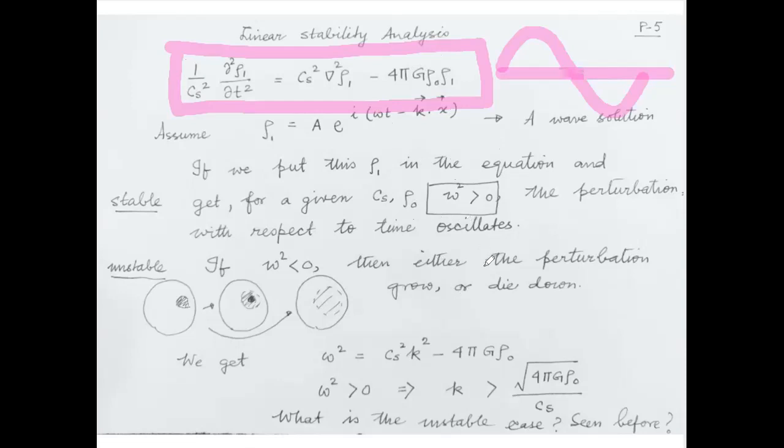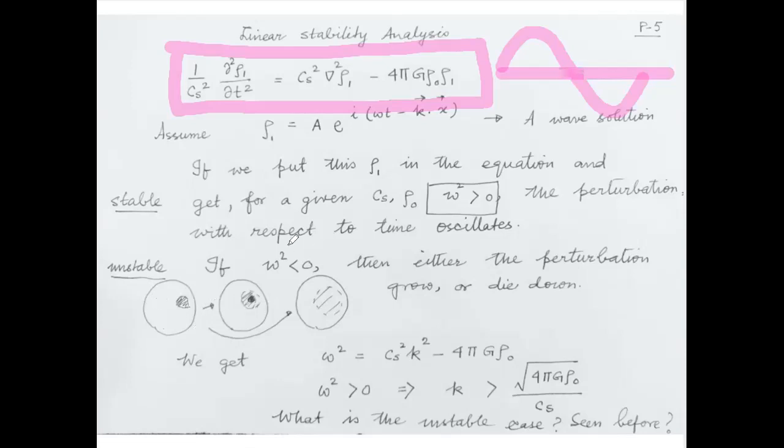If the perturbation grows, it will essentially destroy the structure, which is the initial structure. If the perturbation dies down, it's not there anymore. I have just tried to show it here again. You have this otherwise uniform density ρ0. I create a perturbation here, so that the darkness is kind of the amplitude of ρ1.